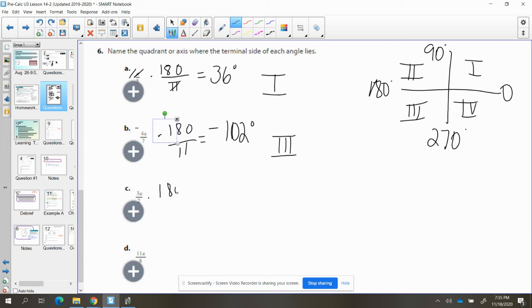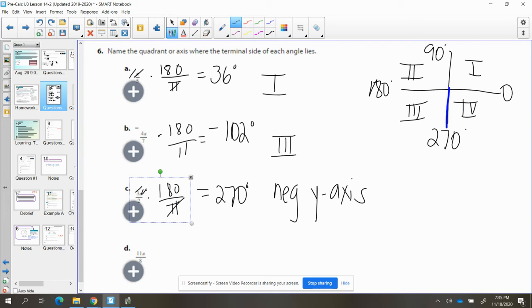Now 3 pi over 2, if we cancel the pi's here, we have 3 times 180 divided by 2. That's going to give us 270 degrees, which we'll see here is actually part of the axis. So we would say this is the negative portion of our y-axis.